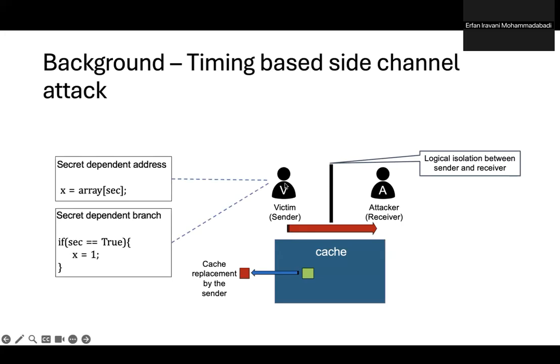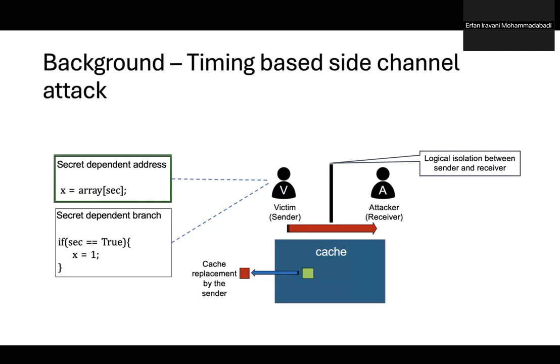So on the left side here, there are two code snippets that show how a victim secret can be leaked through the shared cache. In the first snippet, the victim program accesses an array using the secret as an index. This brings a specific cache line into the shared cache based on the secret's value.